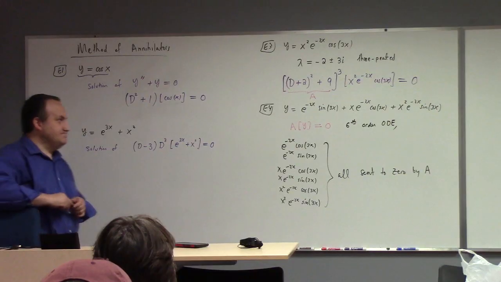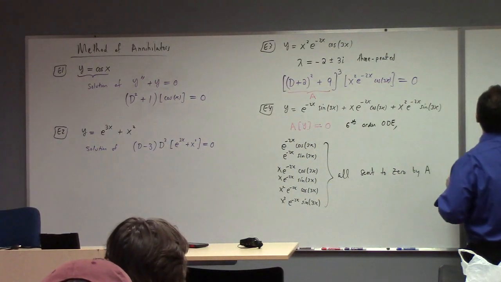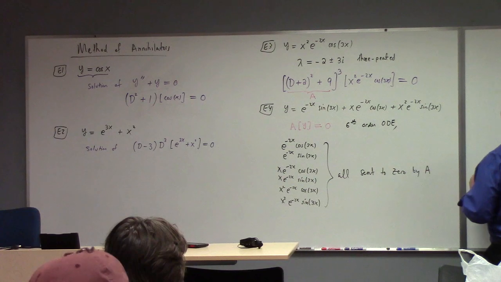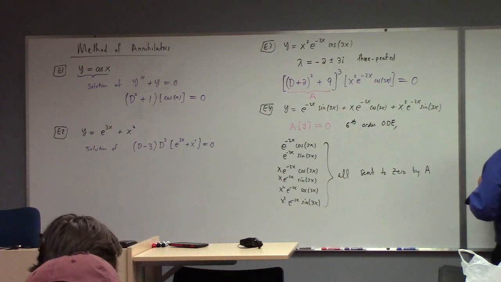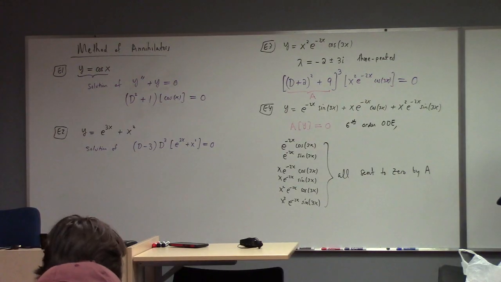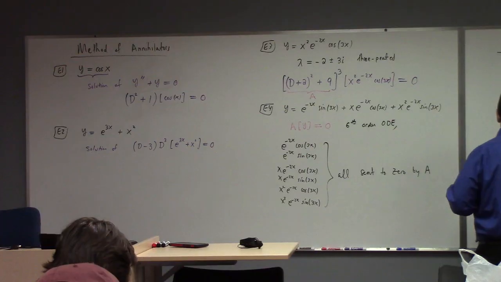So let's make a table. We'll put the annihilator we want, and we'll put G such that A acting on G is equal to 0. Our goal in constructing this table is just to make a list of examples.